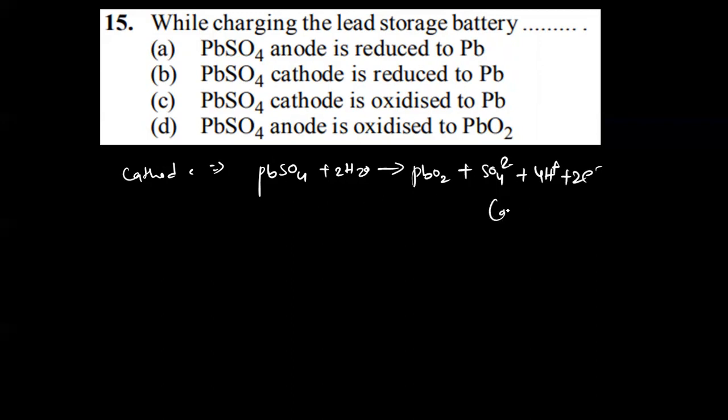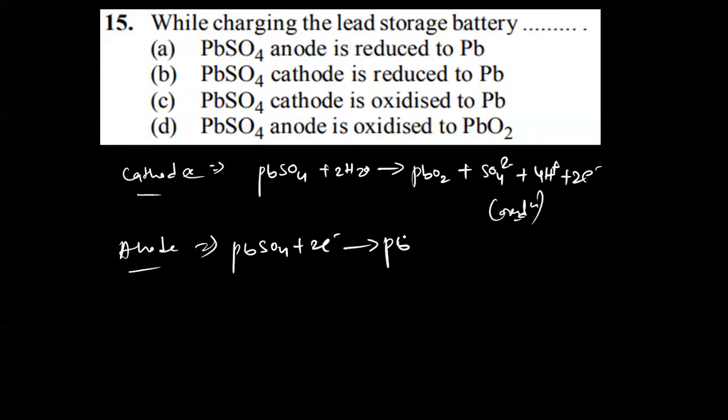So oxidation takes place here. Then I will write the anodic cell reaction. PbSO4 plus 2 electron gives rise to Pb plus SO4 2 minus. So here a reduction takes place.